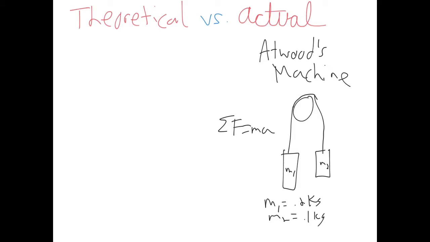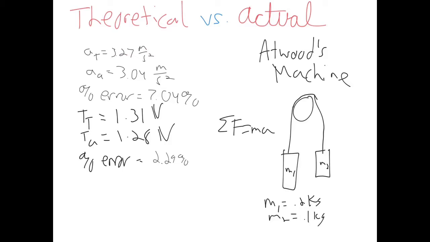So after that, we constructed an actual Atwood's machine, and we used that to find the actual values by using a meter stick and a timer. After that, we found our data, as you can see here, and then we found the percent error by using the percent error formula, which is the percent error equals the absolute value of the theoretical minus the actual value over the theoretical value times 100%.